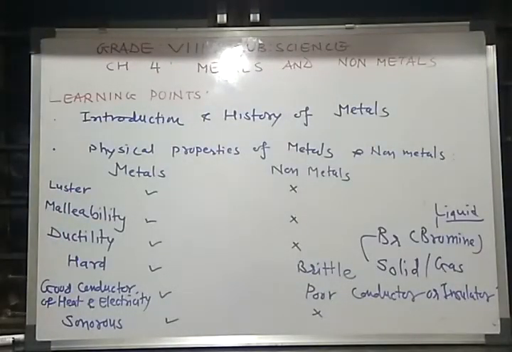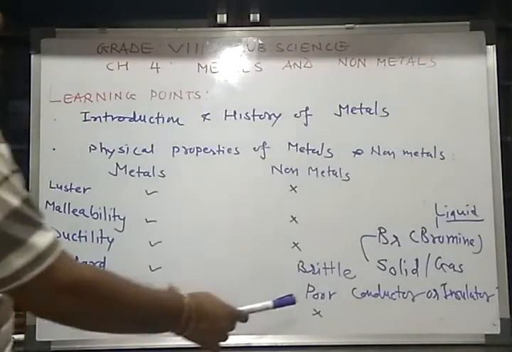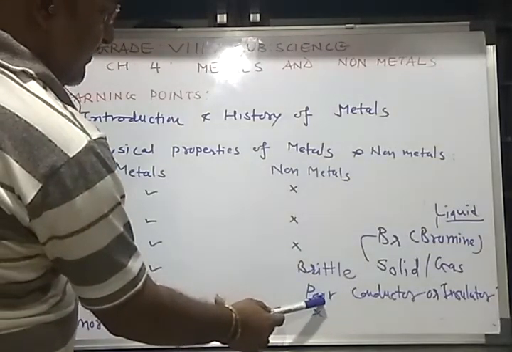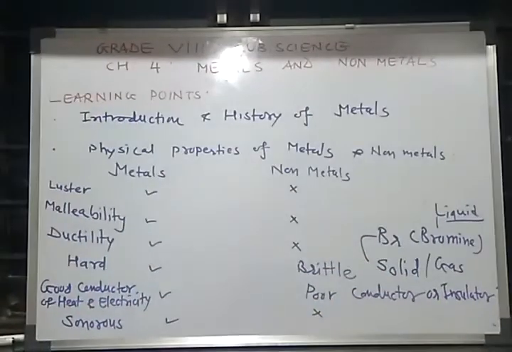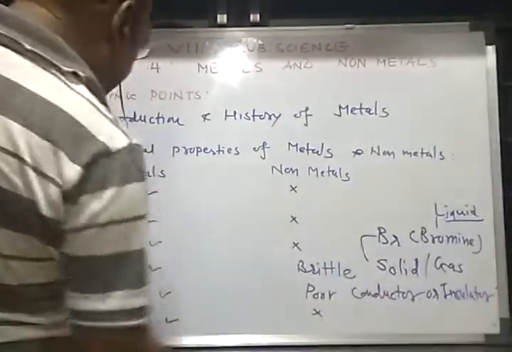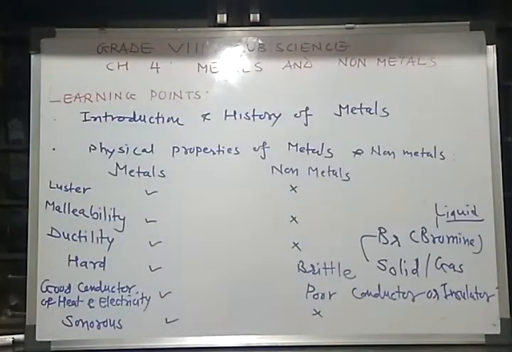Generally, the most important property: all metals are good conductors of heat and electricity. All non-metals have the property of being poor conductors, or bad conductors, or insulators.